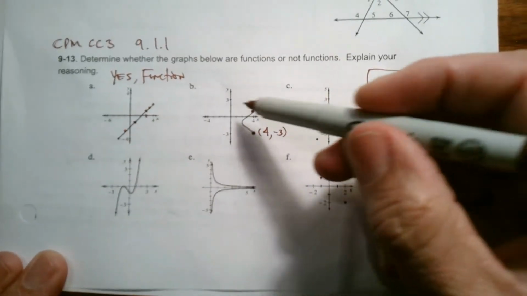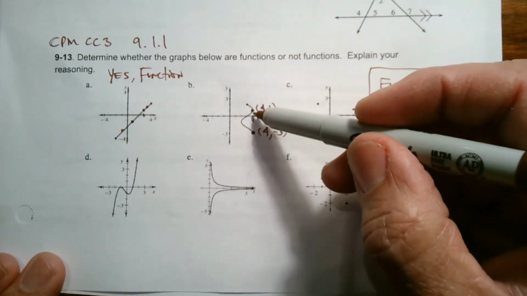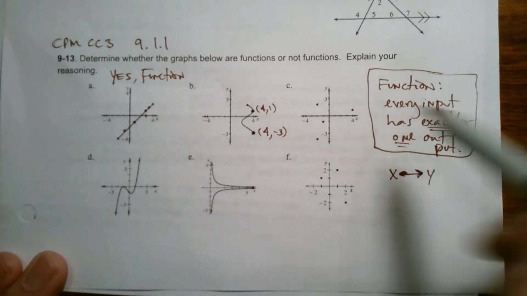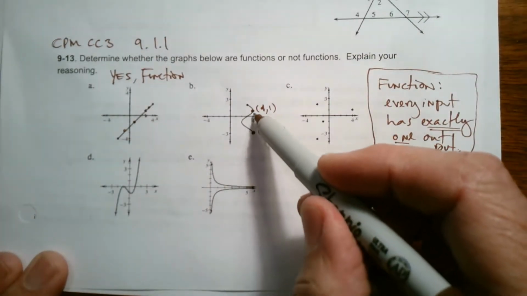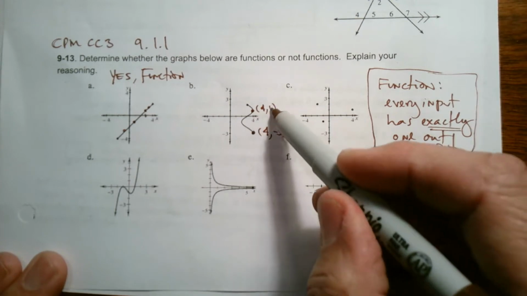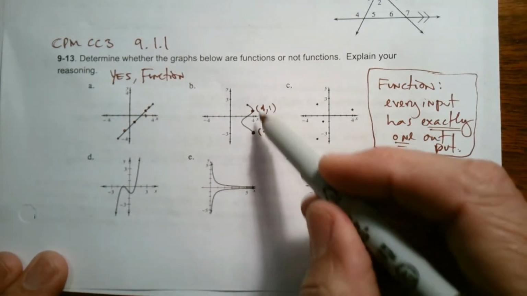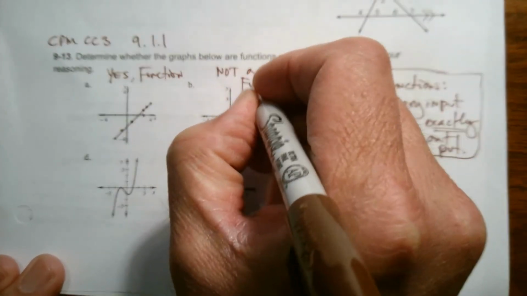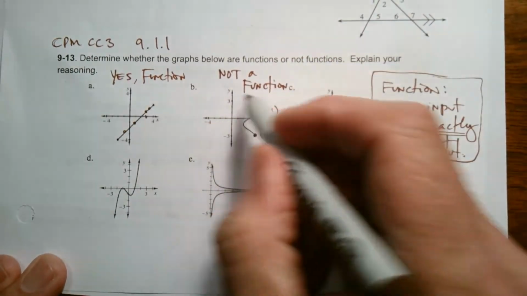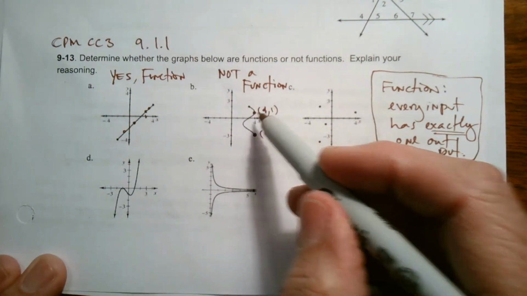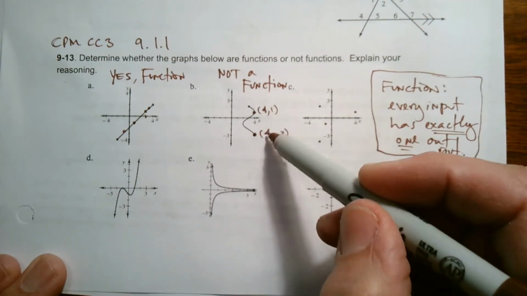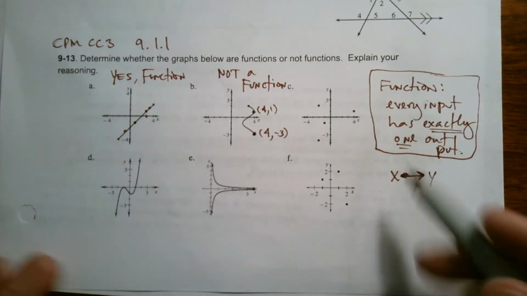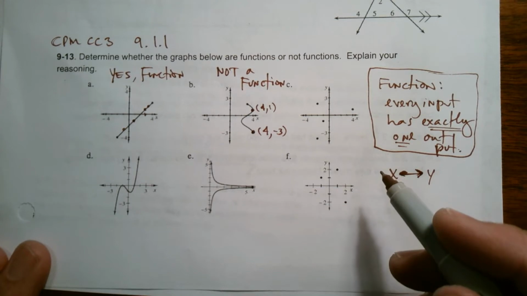So we have a relationship where not every input has exactly one output. This input of x has actually two outputs, a 1 and -3. So this is not a function, because the input of 4 has more than one output instead of exactly one output. So far, so good.